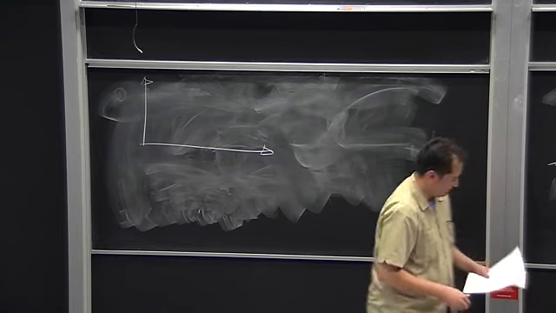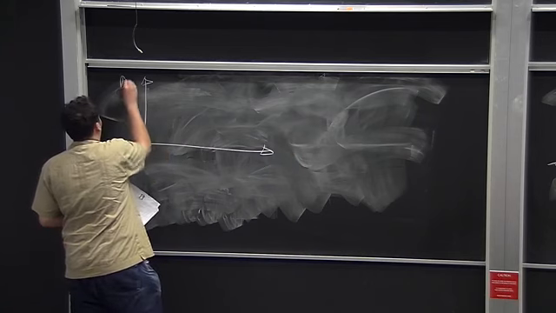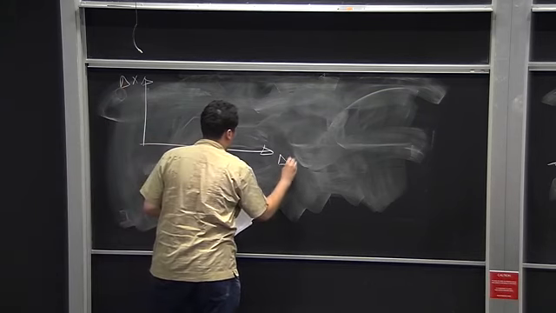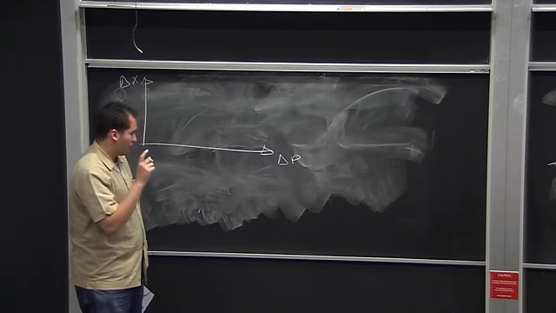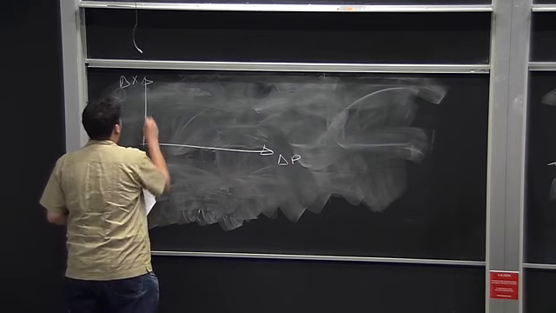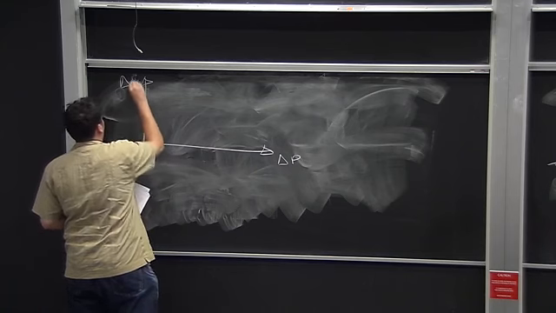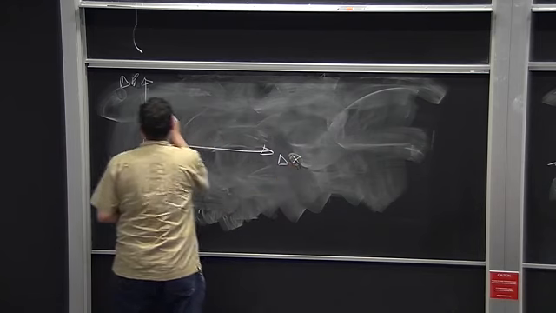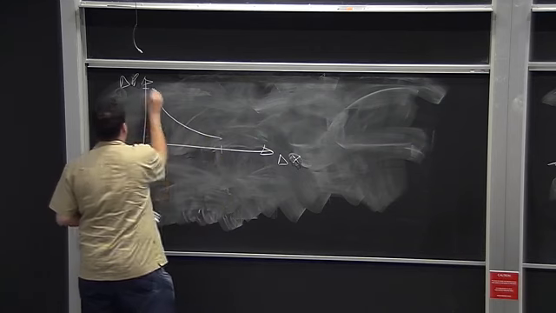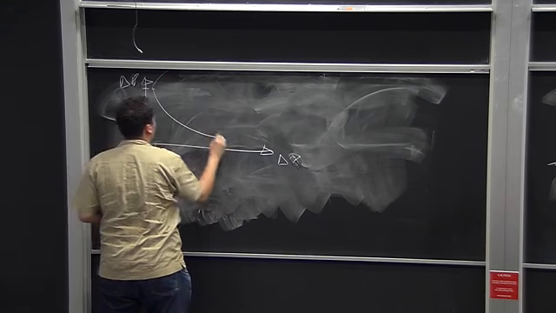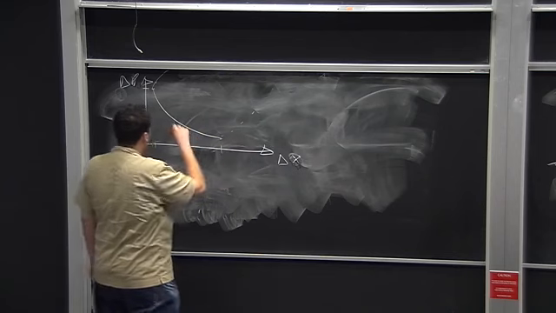But that's anyway. If you plot that expression for the generalized uncertainty principle, it is something like this.